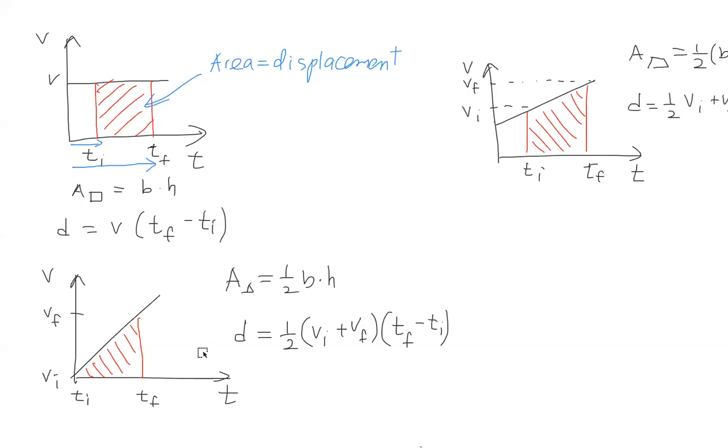V final, T final minus T initial. All right. So far so good. Is anybody lost? Okay. So easy stuff. What we do now is we want to relate the triangle to the trapezoid.